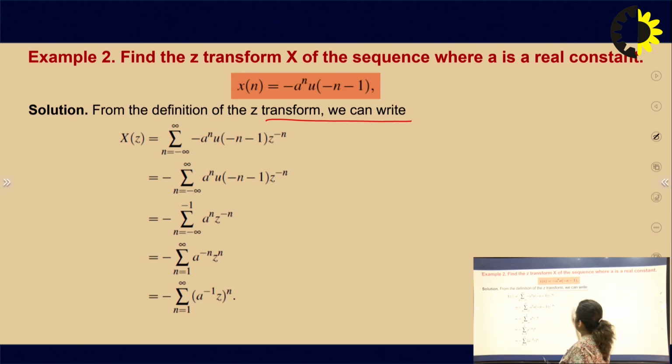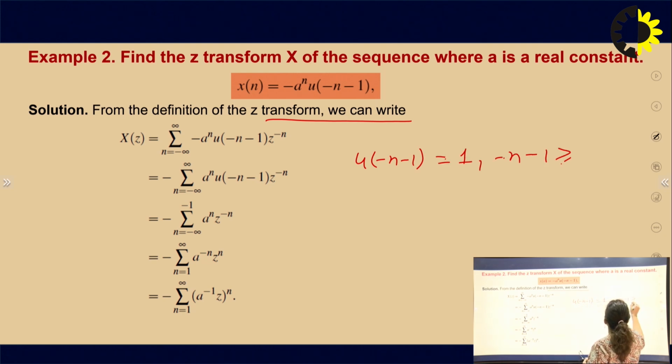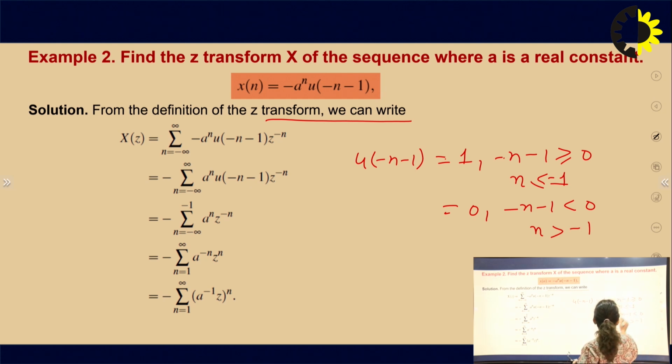Here u of minus n minus 1 is equal to 1 for minus n minus 1 greater than or equal to 0, or n less than or equal to minus 1, and 0 for minus n minus 1 less than 0, or n greater than minus 1. So up to minus 1 it has a value 1, and greater than minus 1 it has a value 0. So we have a limit from n equals minus infinity to minus 1, a to the power n, z to the power minus n.